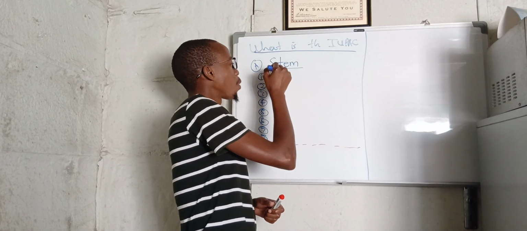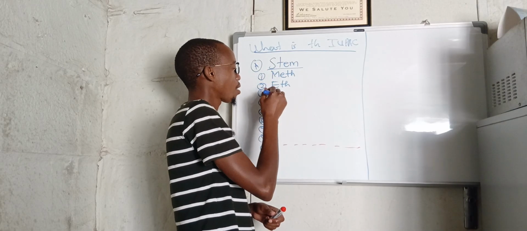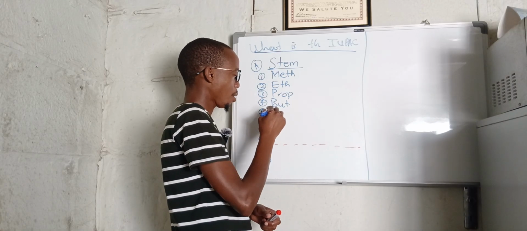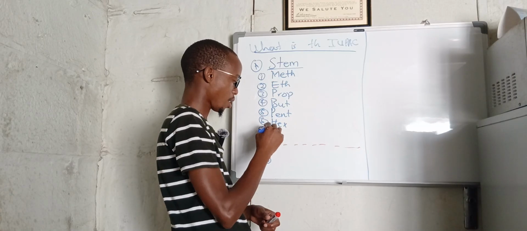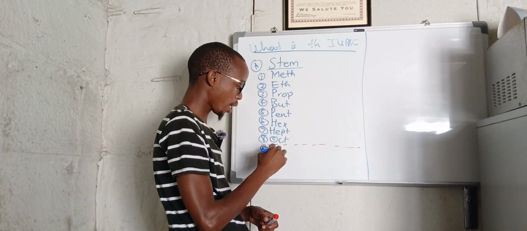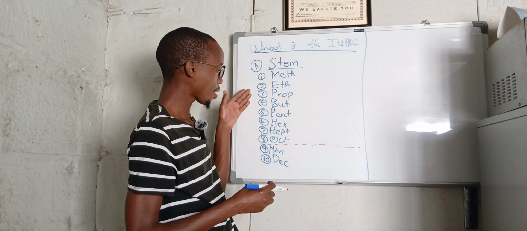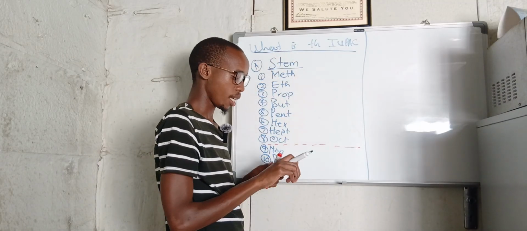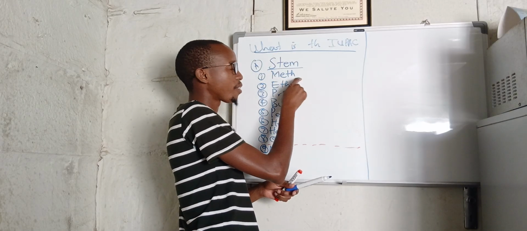So here I'm going to have meth, eth, prop, but, pent, hex, hept, oct, non, dec. So these numbers go hand in hand with what I've written here.